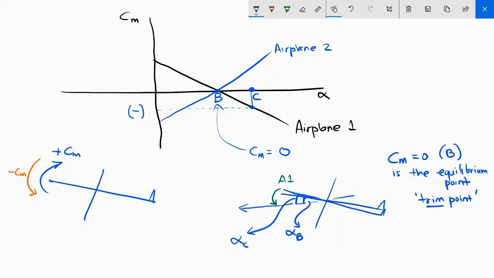Now, if this was not airplane 1, if this was airplane 2, then what is happening in the case of airplane 2? When the angle of attack is alpha C, the moment coefficient is positive. Positive means pitch up.